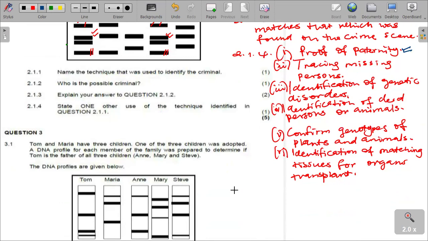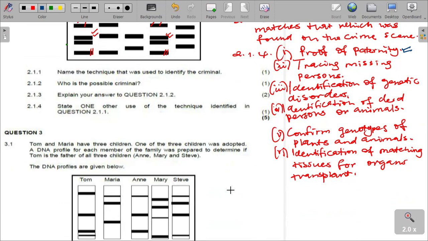We have question 3 here. Tom and Maria have 3 children. One of the 3 children was adopted. A DNA profile for each member of the family was prepared to determine if Tom is the father of all the 3 children, Annie, Mary, and Steve.